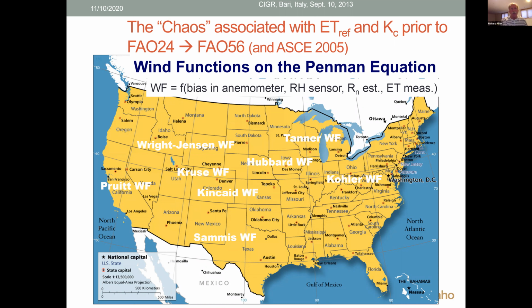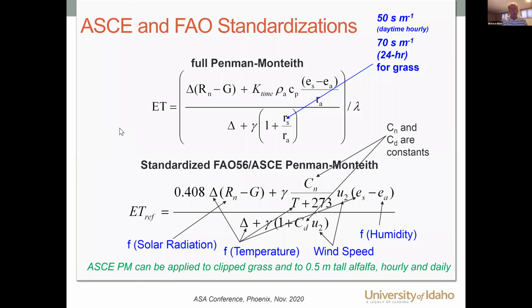And so that's why beginning in the 1980s, ASCE and other groups worked to consider whether or not we could find a single equation that was physically enough based that it should be applicable in a wide variety of locations and conditions.